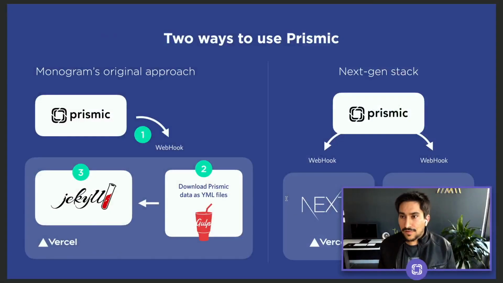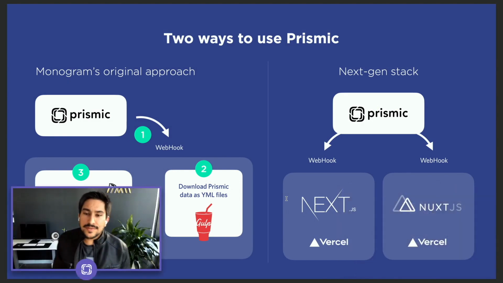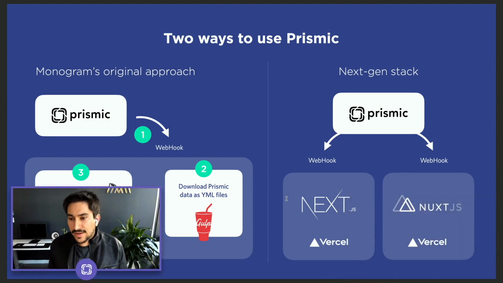However, on the right is the next-gen stack, which probably everyone here is familiar with: Next.js, Nuxt.js, SPA, client-side scripting, statically generated websites. Very similar to Gatsby. We did not put Gatsby here because we don't build just websites, we build web apps as well. We've grown to like Next.js and Nuxt.js, depending on your flavor of React versus Vue.